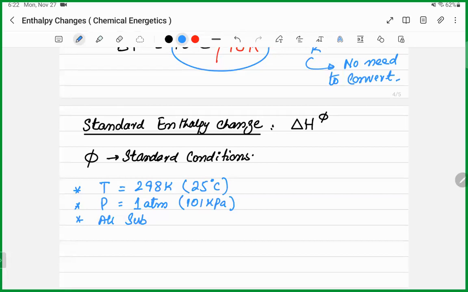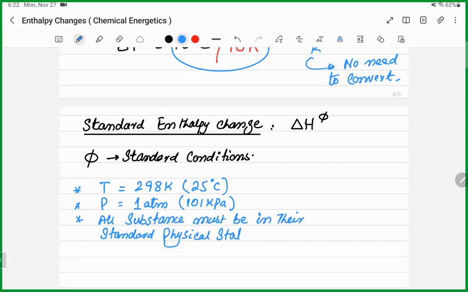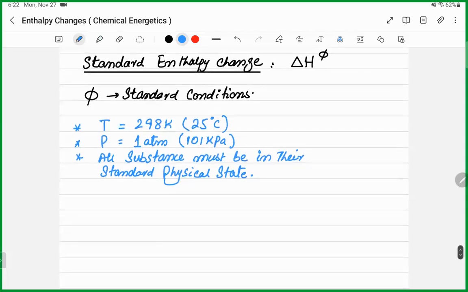If you have oxygen, it must be in gas form. Any enthalpy measured under these three conditions is called standard enthalpy change.